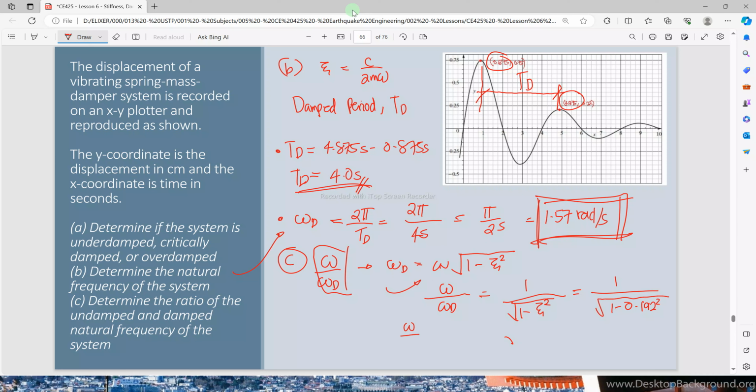And then the ratio of the undamped natural frequency to the damped natural frequency is just equal to 1.019.